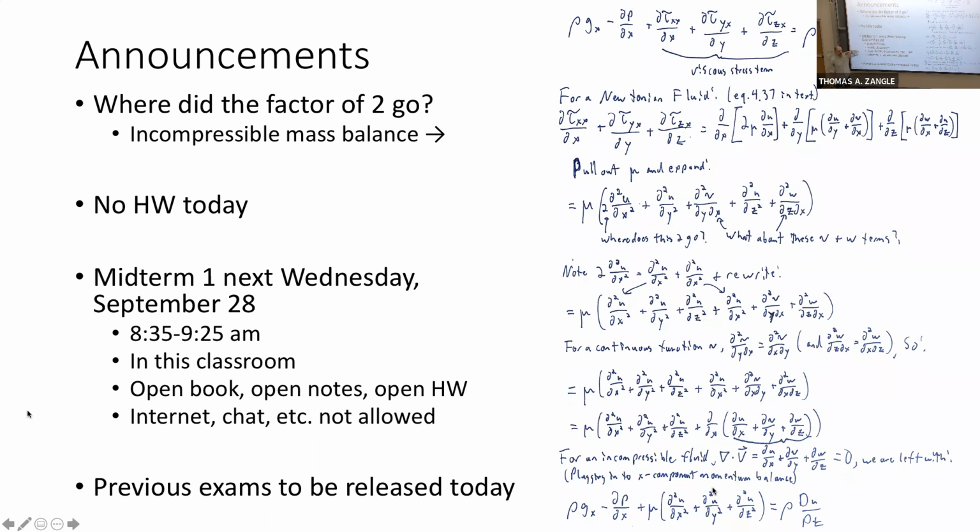Then we looked at the definition of that stress tensor for a Newtonian fluid and developed the Navier-Stokes equations. Here we have the x momentum piece and the continuity piece of the Navier-Stokes equations, four equations total: x, y, z momentum, and continuity. So that was Navier-Stokes.